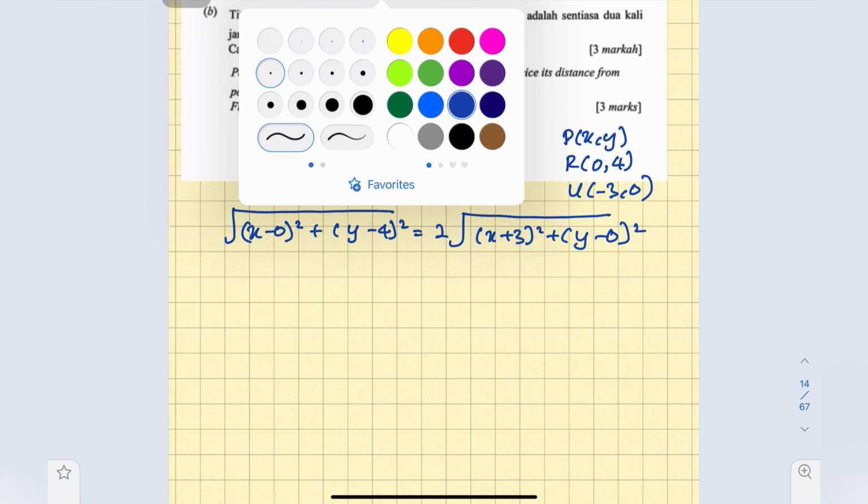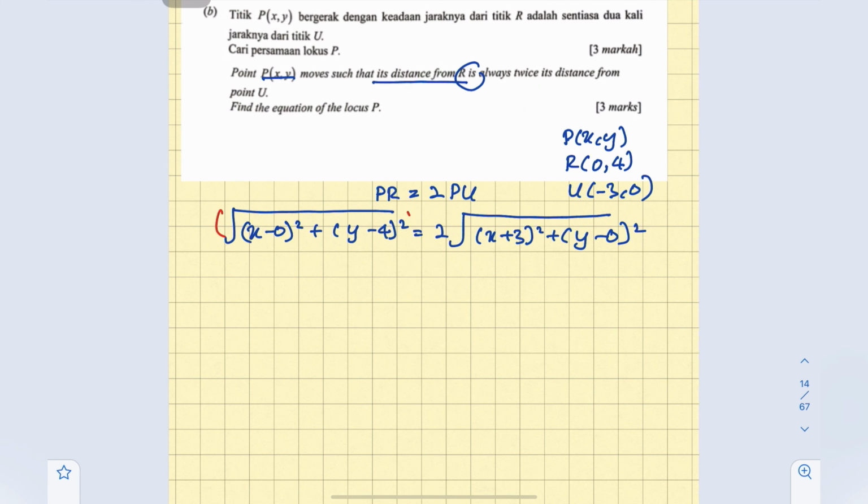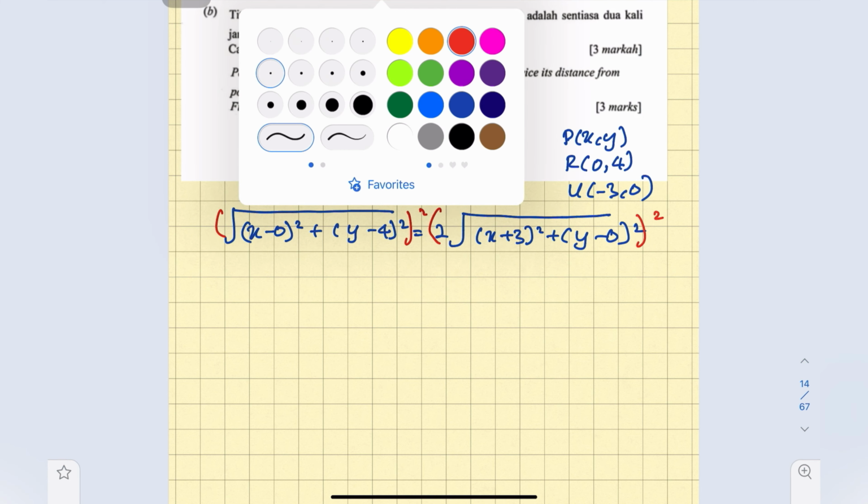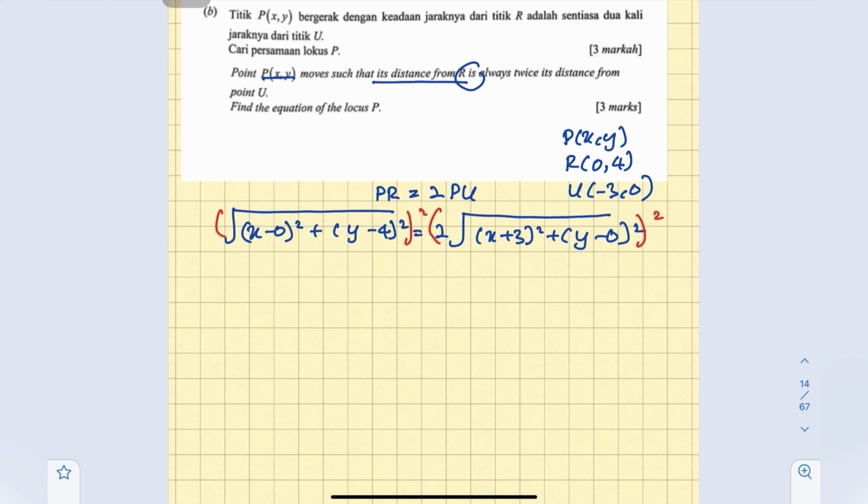Okay, so to eliminate the square root, we have to square both sides. Then we can eliminate the square root with the square.